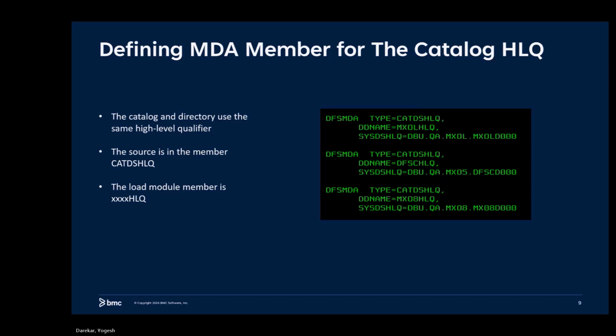And a new MDA type was introduced for this, CATDSHLQ, and that is specifically for the catalog. In this example, we've got a couple with aliases and also DFSCD000, which is what the catalog will be defined as if you do not define an alias. Next slide, please.